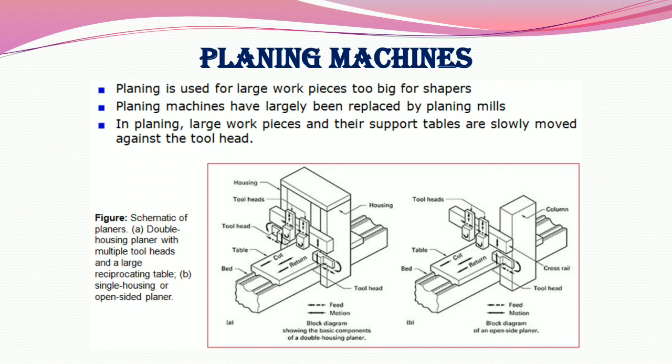So there is a figure of a schematic of planers: a double housing planer with multiple tool heads and a large reciprocating table, and a single housing or open-sided planer. So there is a block diagram showing the basic components of a double housing planer and a block diagram of an open side planer. So there are two different planers in the figure.